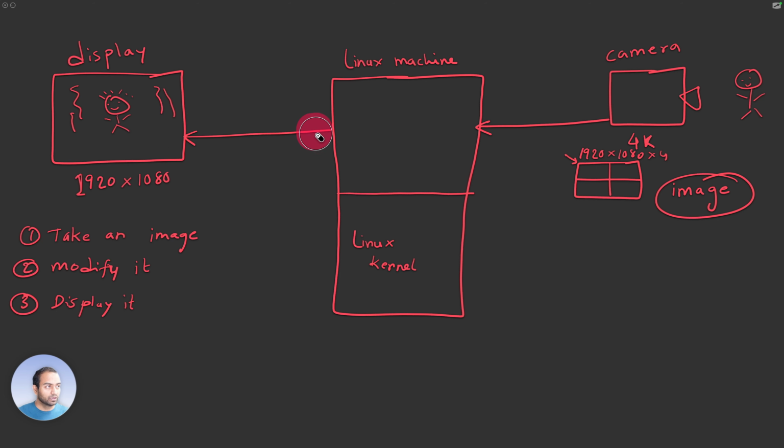So let me modify this diagram a little bit, like so. Only the Linux kernel has access to the actual hardware. And what the Linux kernel does is it has two buffers internally, think of them as arrays or some memory region reserved for the camera and for the display.